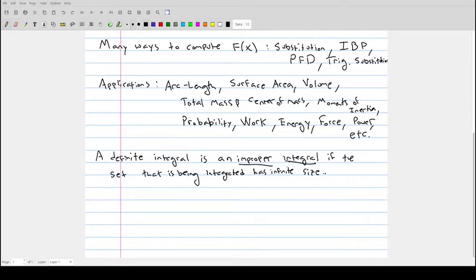And realistically, this can happen in one of two ways. The first way that it could happen is that the interval of integration continues on forever. The interval being integrated continues on forever.